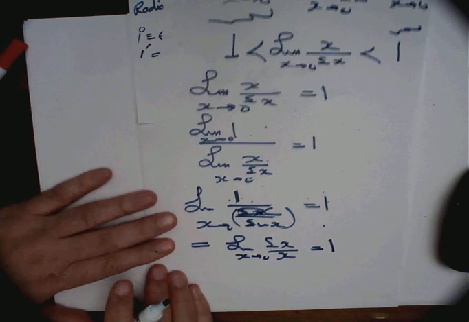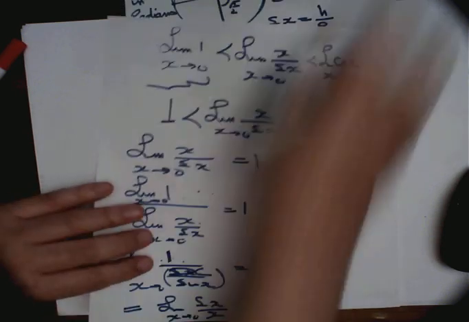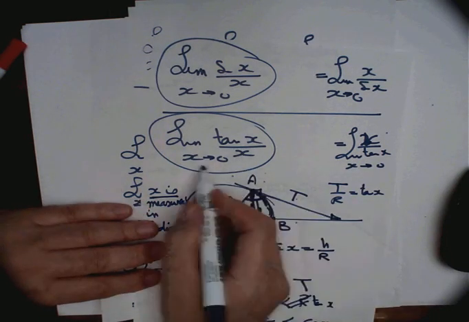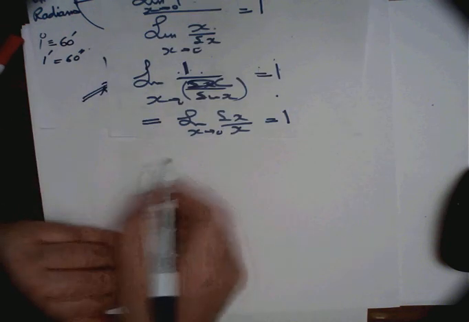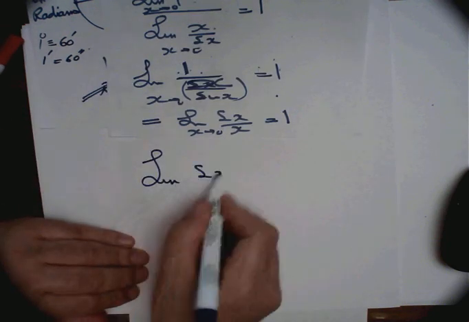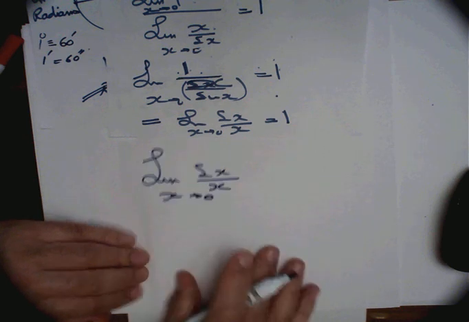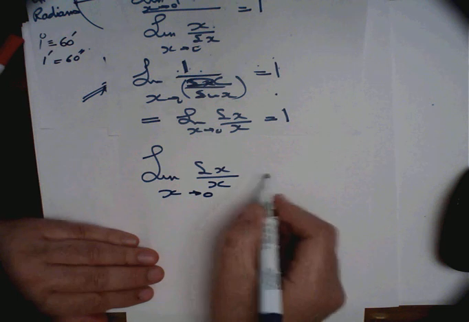Now, what about the second limit, tan x over x as x approaches 0? From the same limit which we already have, the limit of sin x over x as x approaches 0 equals 1.